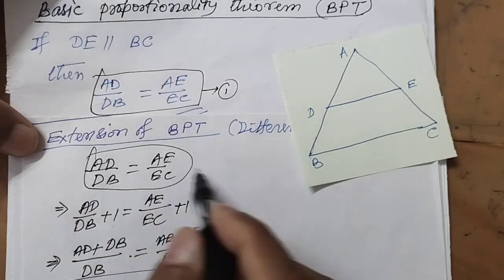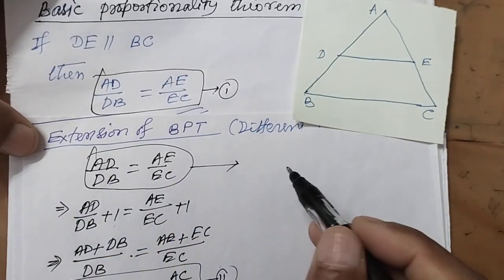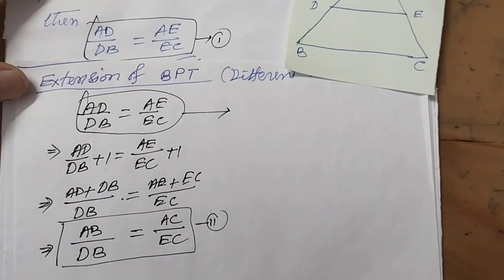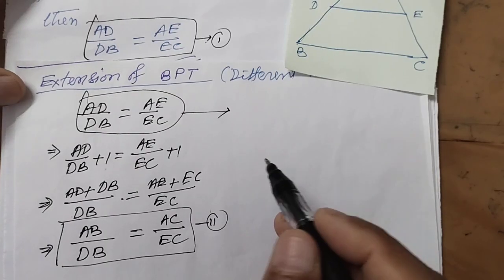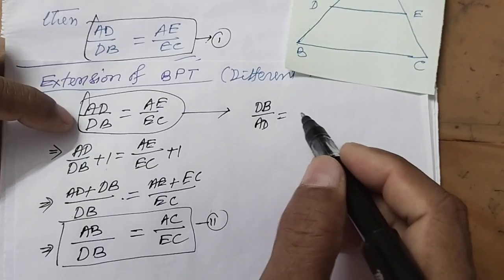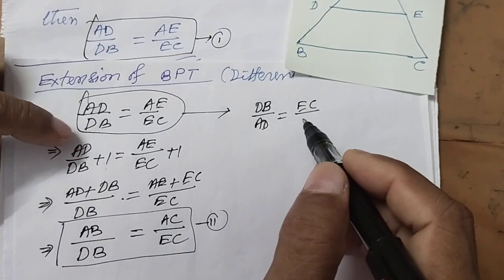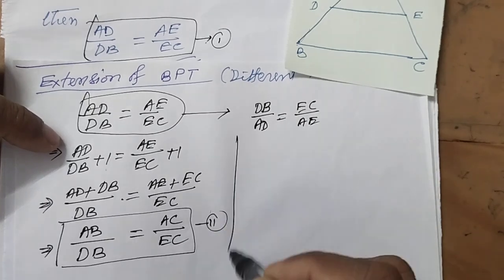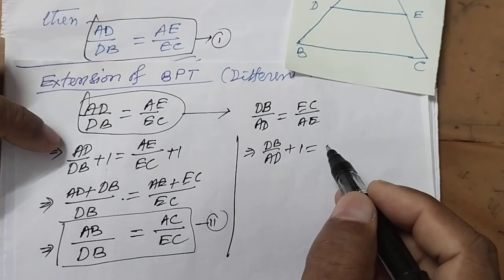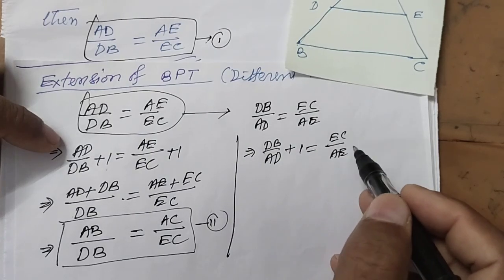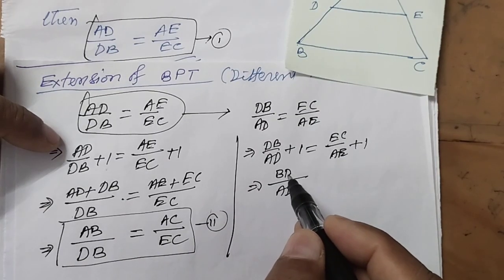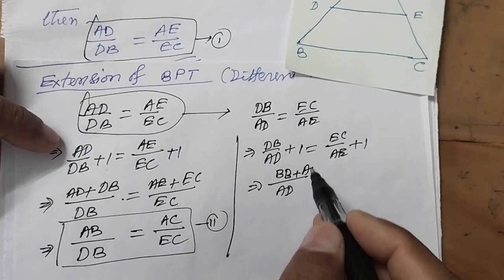From the same statement, if we take the reciprocal on both sides, reciprocal means inverting both sides. The left side inverted is DB by AD, equal to the right side also inverted, EC by AE. In the same way, add 1 on both sides, then take LCM AD, so it becomes DB plus AD.